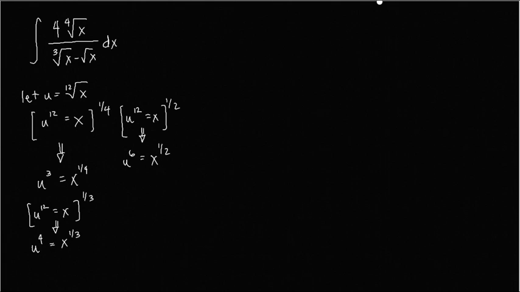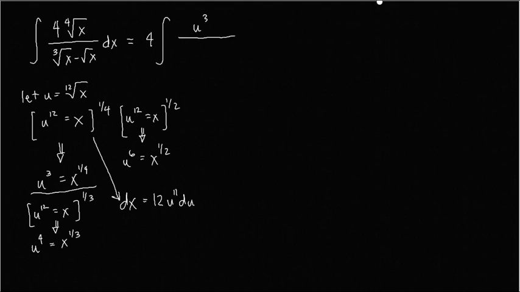Then, balik tayo rito. So, what is dx? That will be 12 u raised to 11 du. Substitute natin. Factoring out 4, we have the fourth root of x. Nasaan yun? Ito. This is u cube, divided by the cube root of x, which is u raised to 4, minus the square root of x, which is u raised to 6.